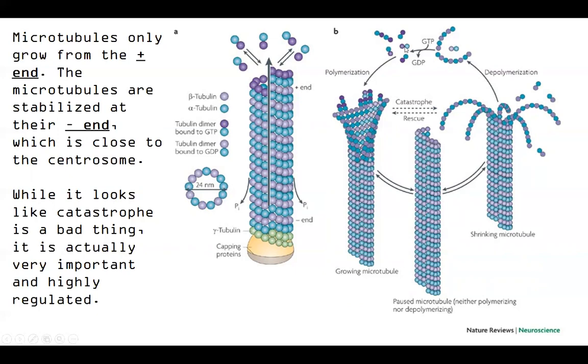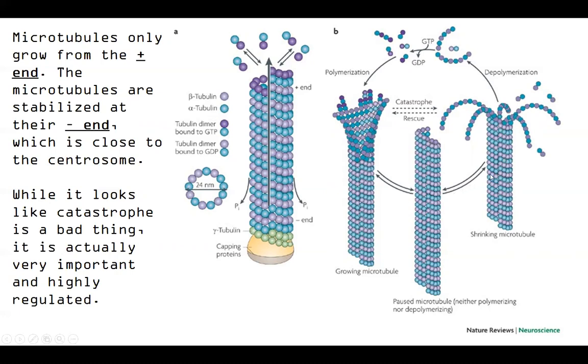Okay, so the ones that still have GTP, if we can add them quickly, if there are a lot of them available, then we tend to lean towards polymerization. So there's a lot of biochemistry at work here. If we let this hydrolysis to the GDP bound form catch up, we peel apart like a string cheese. And again, this is highly controlled.